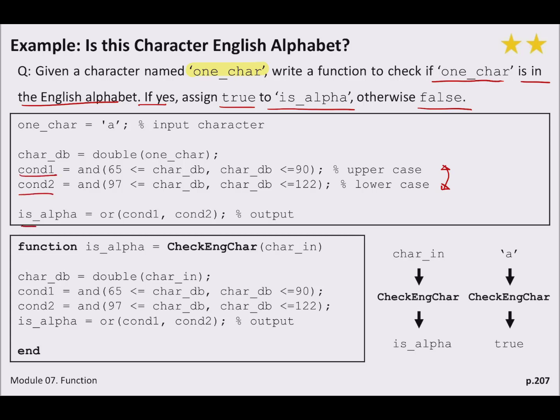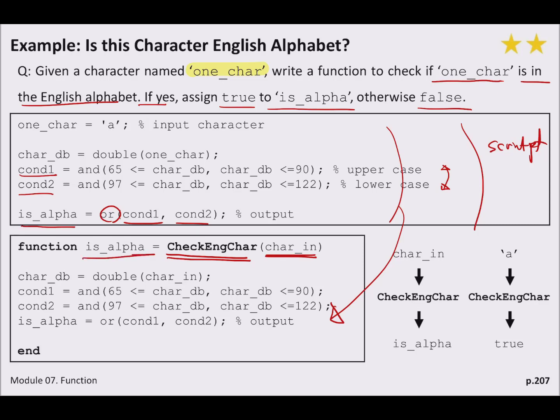And then is alpha becomes the output of the or of condition 1 and condition 2, right? This is just a script. Similar to the bulls and cow problem, we can simply copy this code and place it inside the function. The only change is you name the function check English character, and then you assign the input variable.